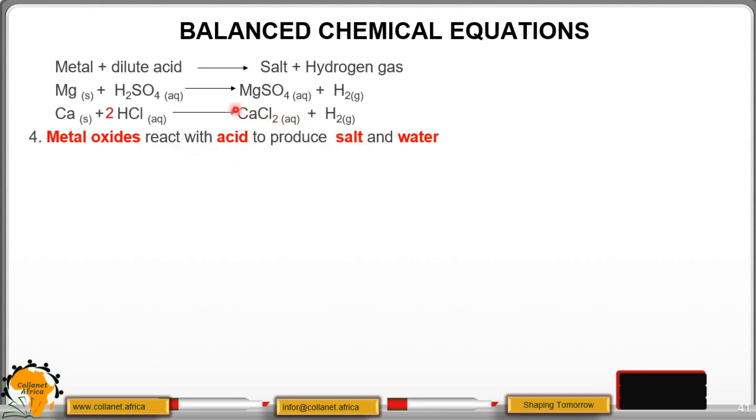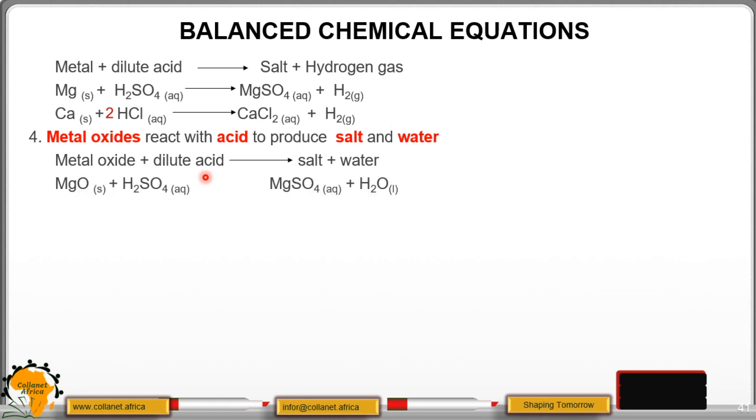Metal oxide, we react with acid to produce salt and water. It is good to note metal plus dilute acid produce salt and hydrogen, and metal oxide with acid produce salt and water. So metal oxide plus dilute acid, you get salt and water.